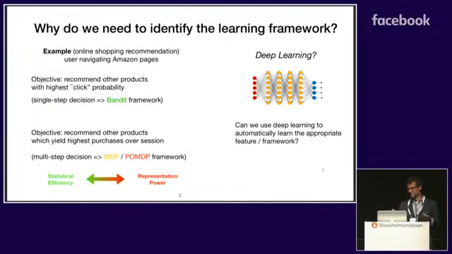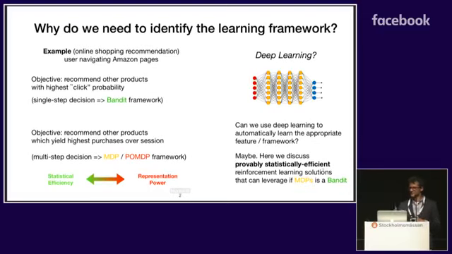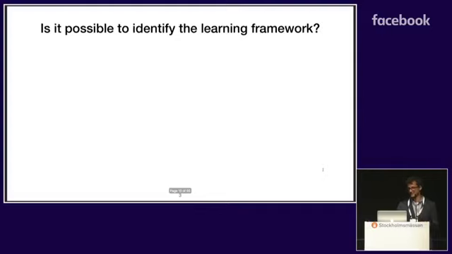And maybe the answer is maybe. In this work, rather, we focus on obtaining something that is provable, an algorithm that can move from Markov decision processes to bandits if the underlying process is really a bandit problem. And of course, this would address the issue of choosing between different frameworks, one that has more representational power and one that is more statistically efficient but maybe less expressive.